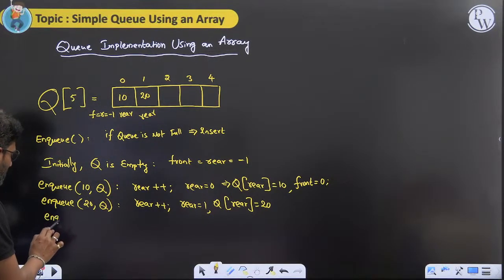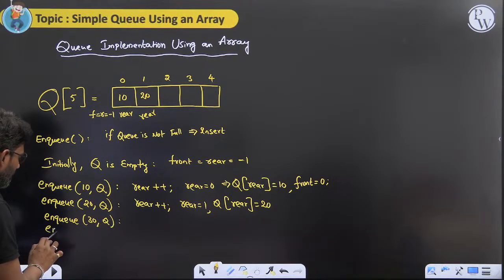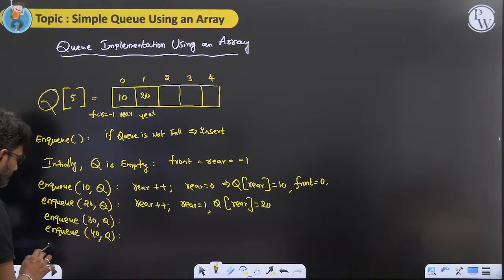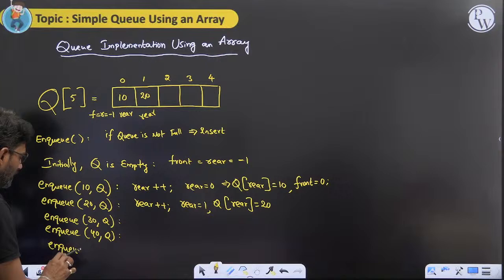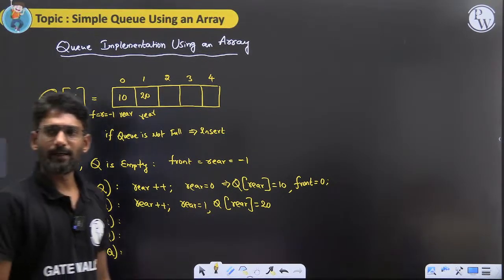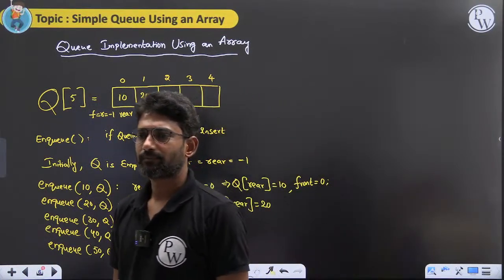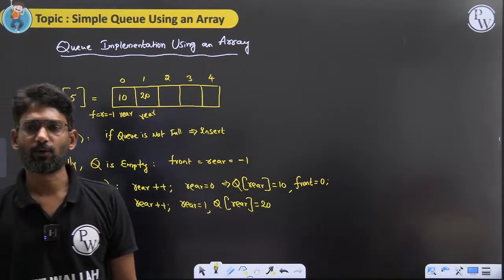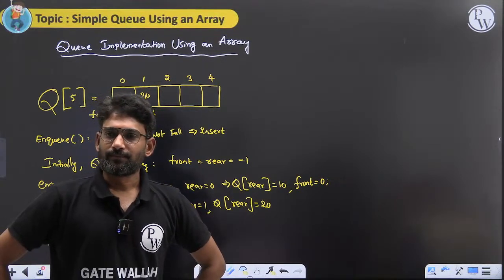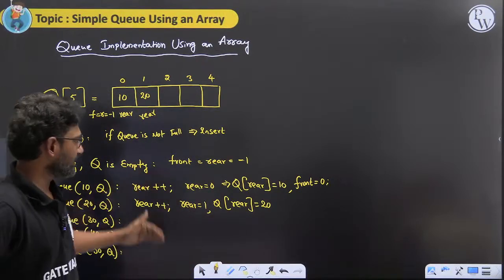Similarly, while enqueuing from now onwards, what will I be updating? Front and rear, or only rear? From the second insertion onwards, what would I be updating? Everybody, what would I be updating? Both front and rear, or only rear? Do I need to update front from the second insertion onwards?